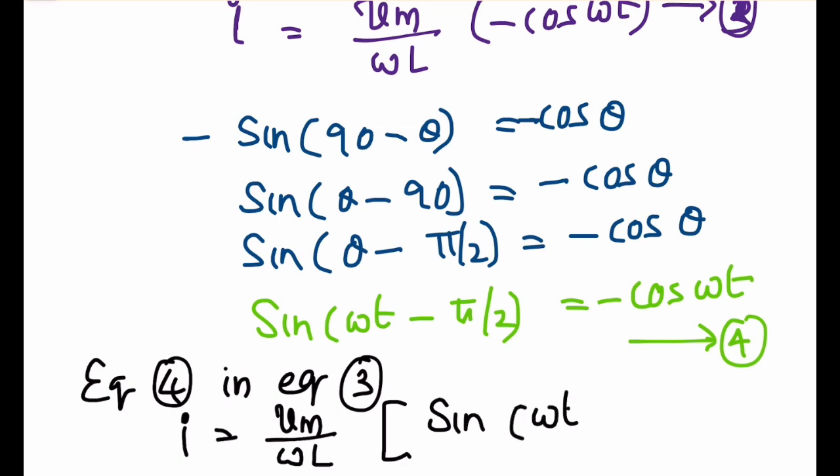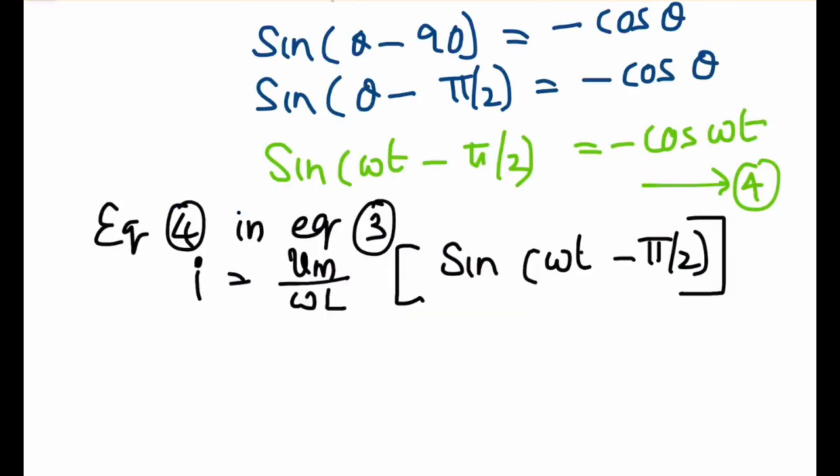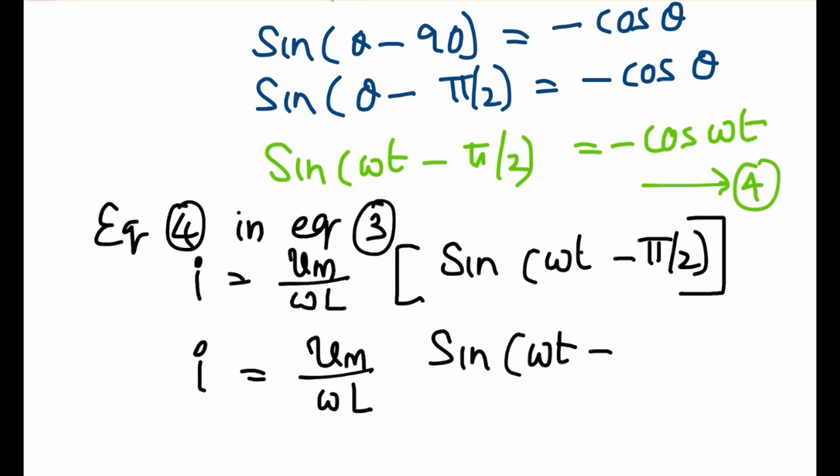So we can rewrite it as I is equal to Vm divided by omega L times sine of omega t minus pi by 2. That is equation number 5.